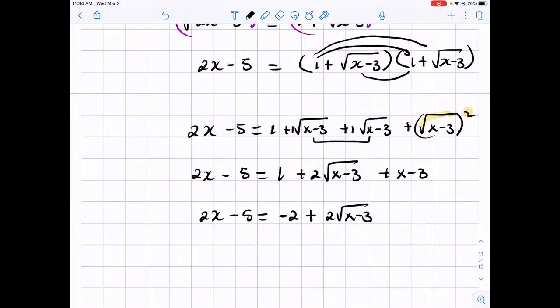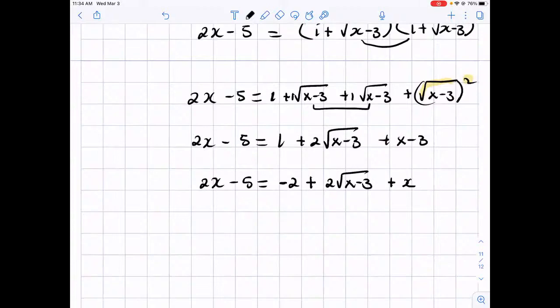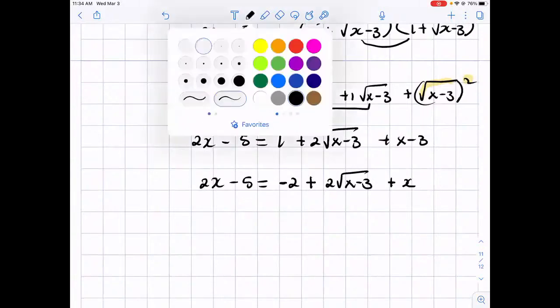So notice again, we have a radical here. So our goal once again is to leave that root by itself.